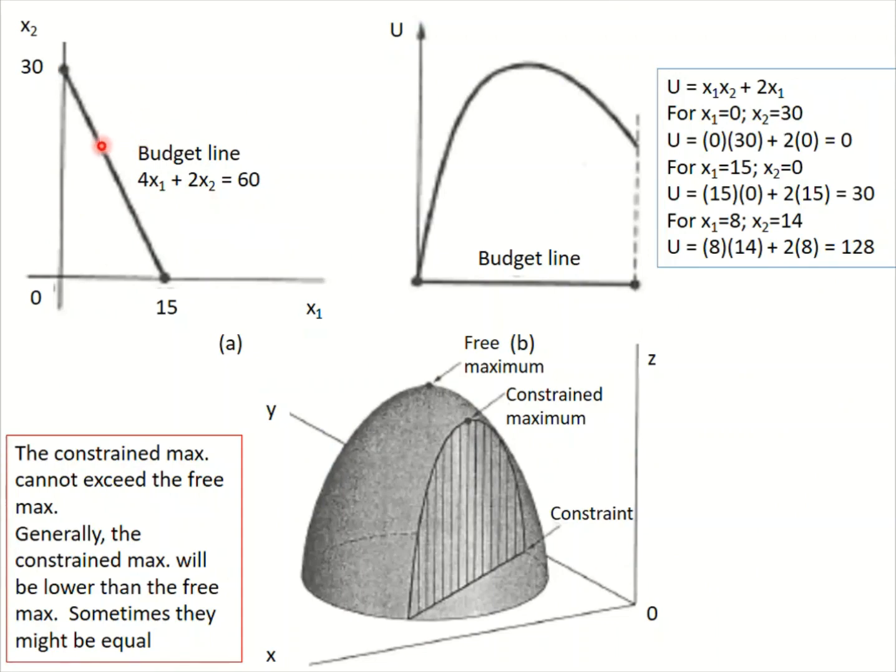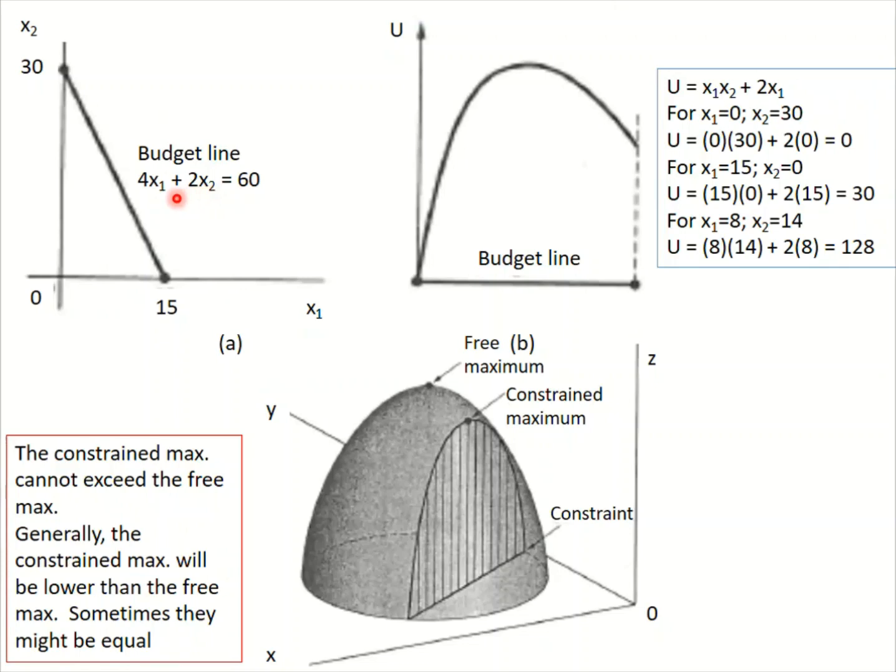Starting with this graph here, if we were maximizing utility and we didn't have a budget constraint, then that would allow us to choose any amount of X2 and any amount of X1. Now that we have this constraint of a budget and a budget line, X1 and X2 will be linked.